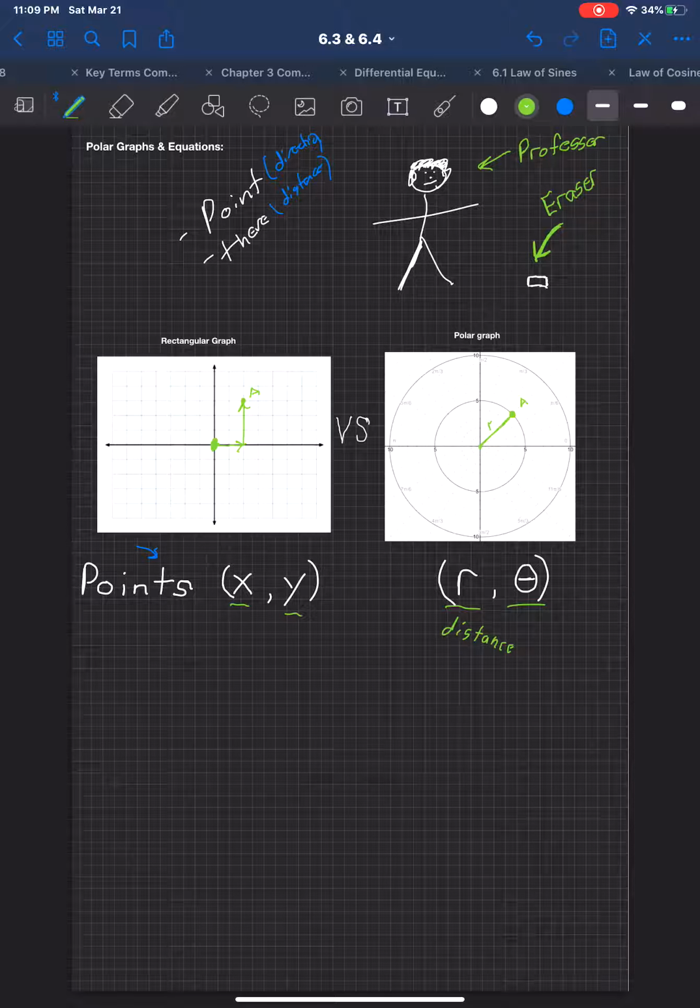So the distance from point A to the origin, now the origin in polar coordinates is actually called the pole, is 5. But I think you agree with me, there's a whole lot of points that have a distance of 5. So for the particular point that you're interested in, you would also have to give me a direction.